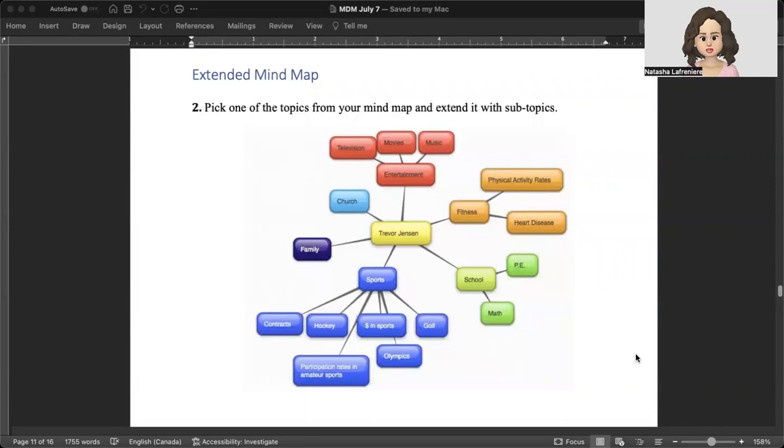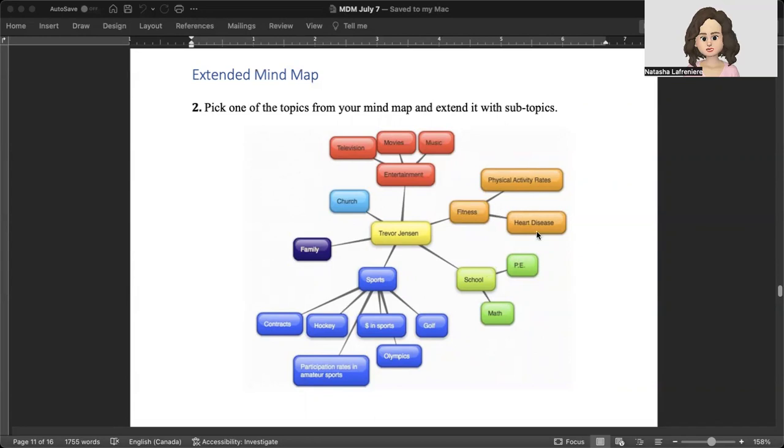Pick one of the topics from your mind map and extend it with subtopics. For example, this guy really enjoys church, family, sports, school, and fitness. And he goes into a bit more detail. For entertainment, he looks at television and movies and music.